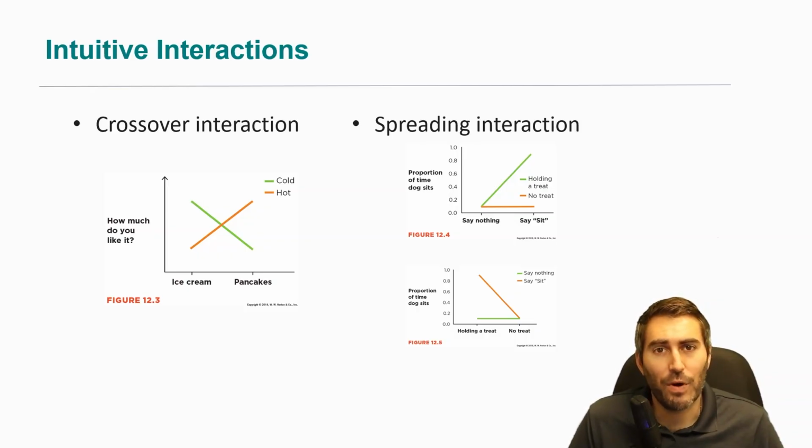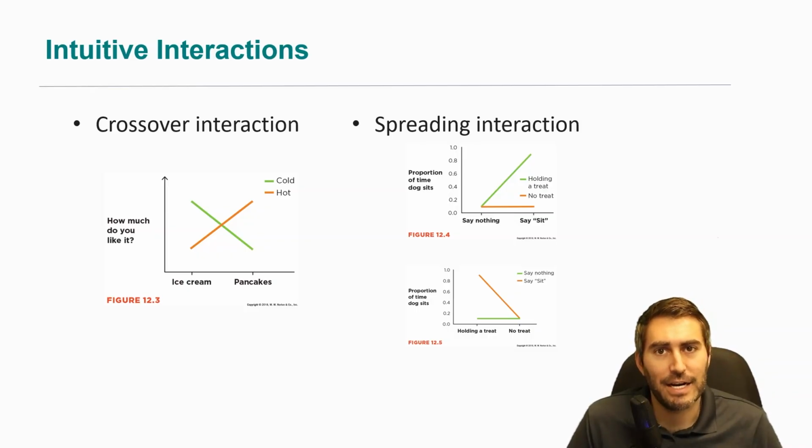If we think about what this is describing, we can see that the dependent variable changes based on both of the two independent variables, but that it depends on the patterns of their two levels. So you like ice cream when it's cold, but like pancakes when they're hot. So you can't say that you always like hot or cold food, but that it depends on both variables together.